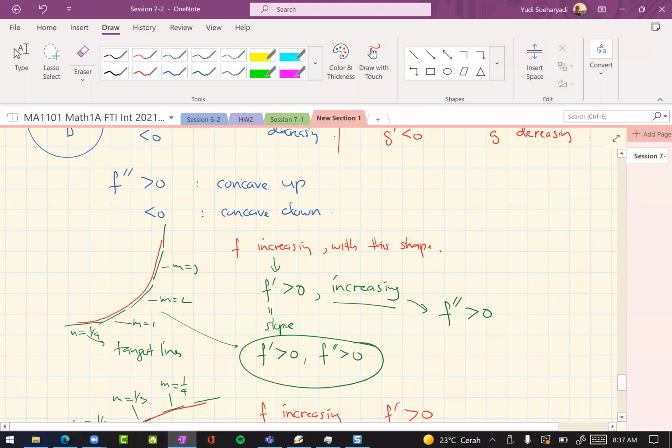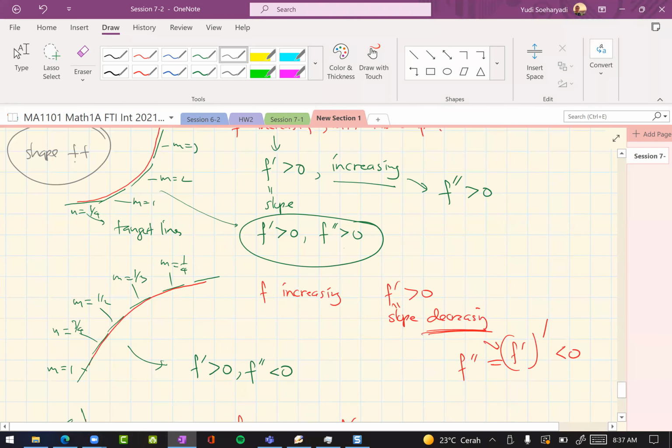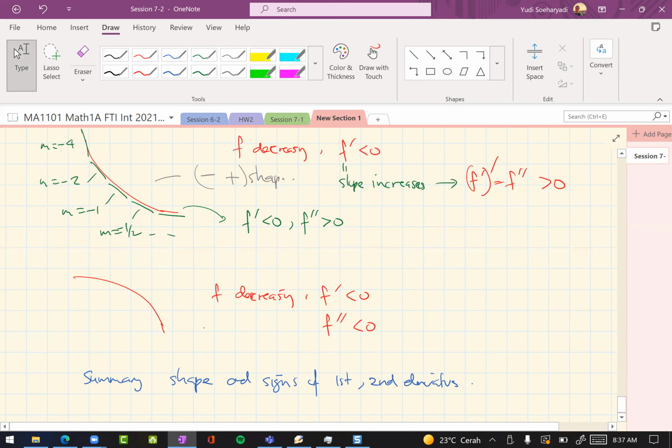Okay, so this is a plus plus shape, because this is first derivative, second derivative. Okay, so this shape, I would say, is a plus minus shape. And this is a minus plus. And this one is a minus minus shape.